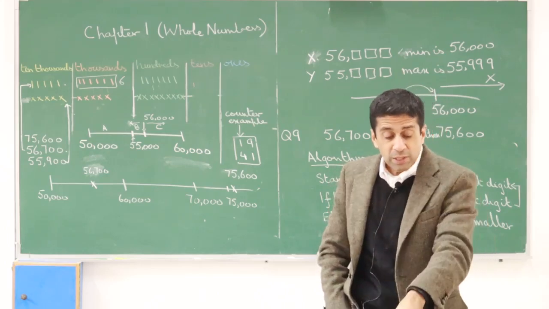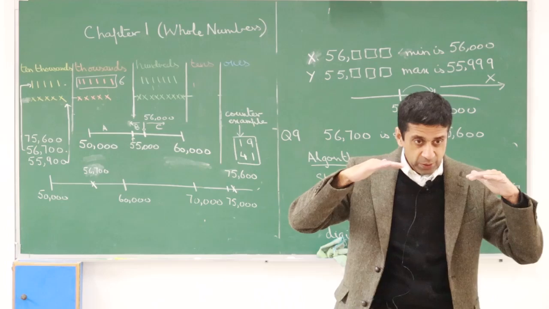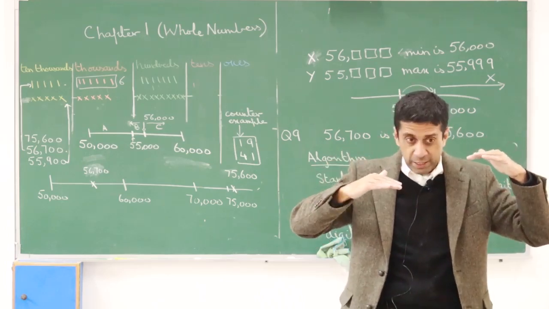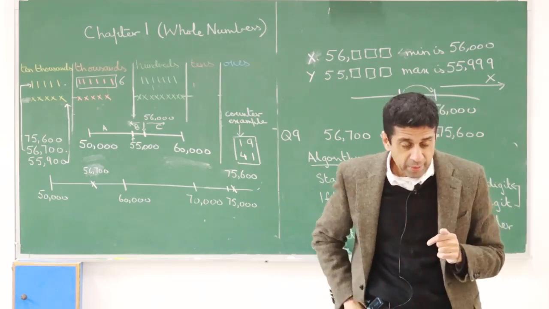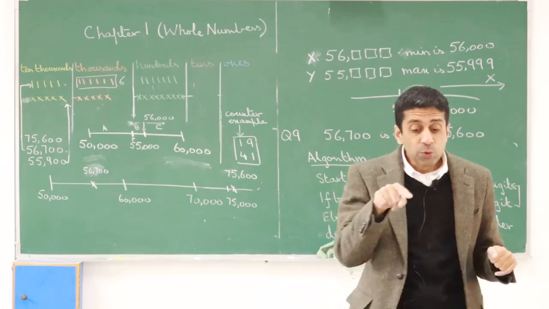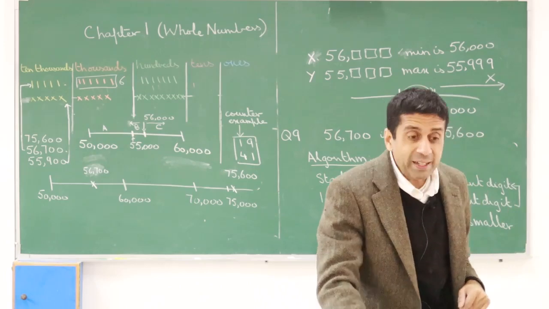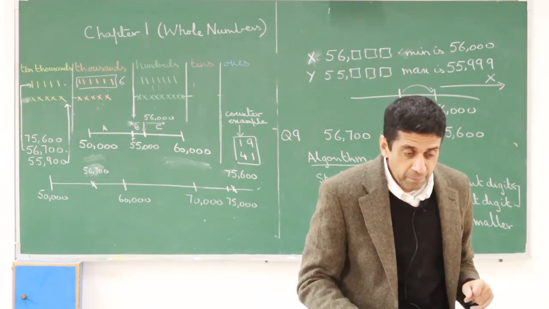Now what about this one? Here you want to look at the worst possible scenario, because you're comparing the best possible scenario here to the worst possible scenario here. What's the worst possible scenario here? 56,000. Now, is the worst possible scenario of 56,000 better than the best possible scenario of 55,999?